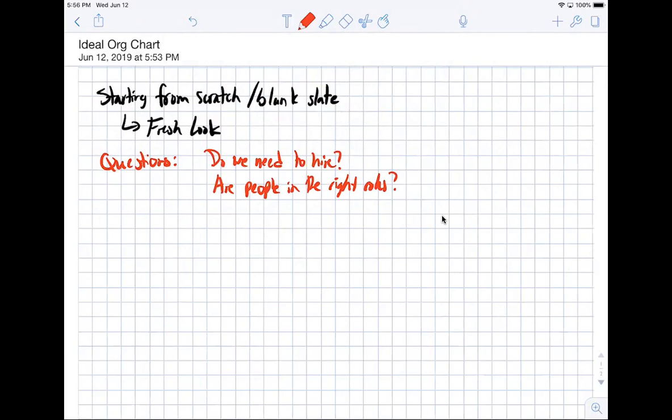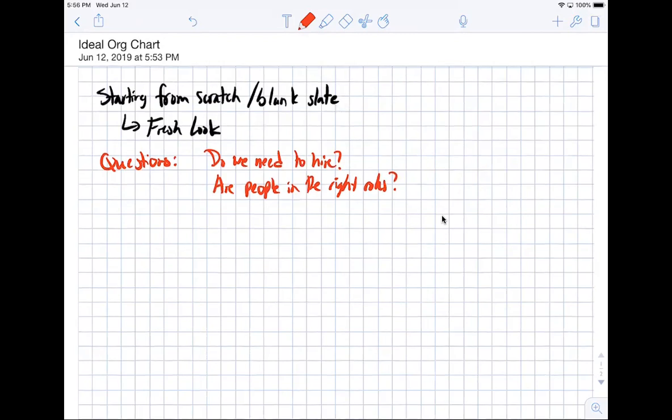This tool doesn't specifically address that question, but in the process of discussing this with the client, oftentimes we'll be talking about the people, and it will come to light that so-and-so is a rock star and this other person is just kind of a mess. And so oftentimes we can answer this question, even though it's not an intended goal of this.